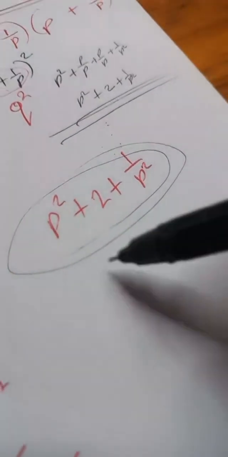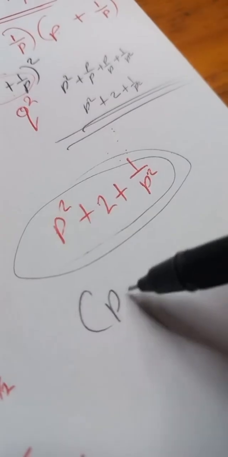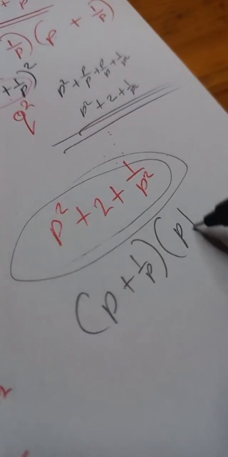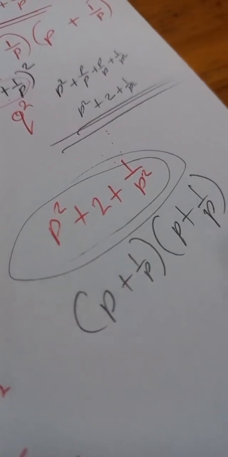Right. Now, we factorize this. If we factorize this, we are going to get P plus 1 over P, like this.